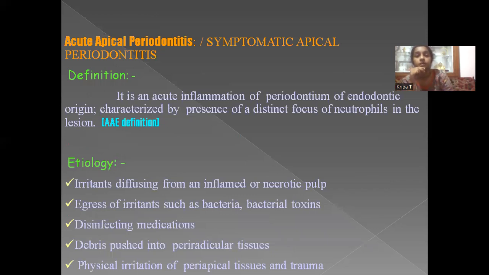Now to define acute apical or symptomatic apical periodontitis: an acute inflammation of the periodontium of endodontic origin with the presence of PMNs in the lesion. Etiology is usually irritants diffusing from an inflamed or necrotic pulp, ingress of irritants, any medicaments being extruded out, debris pushed into periradicular tissue, or some physical irritation of the periapex and trauma.